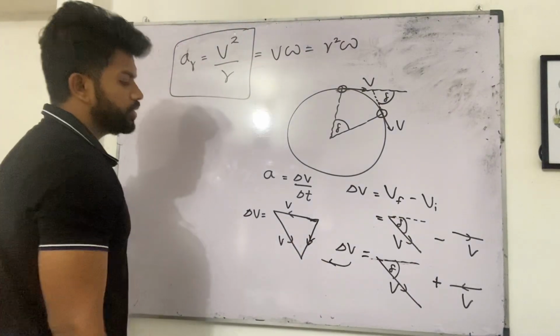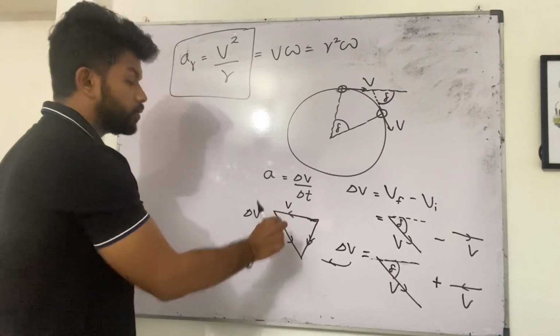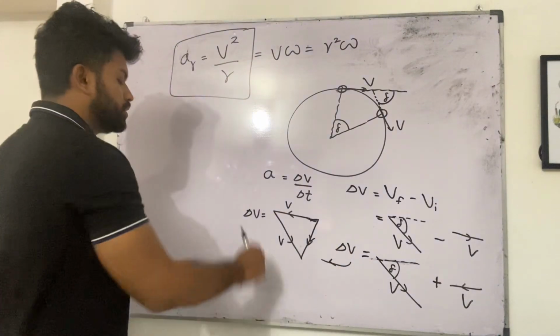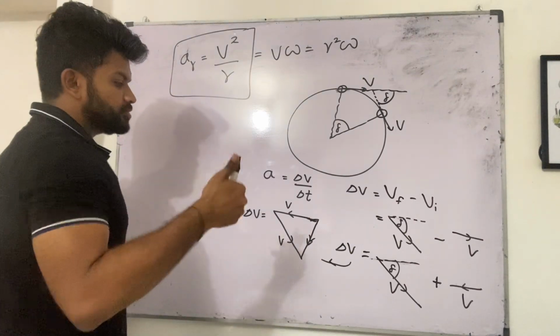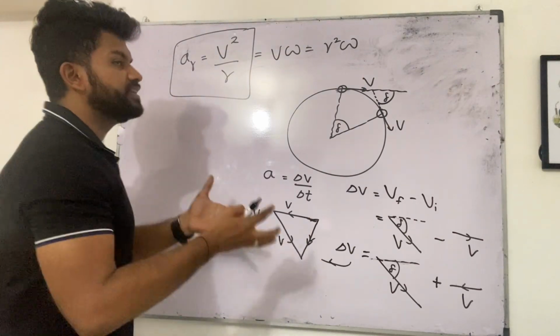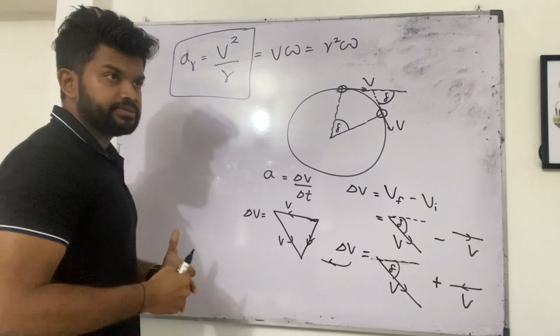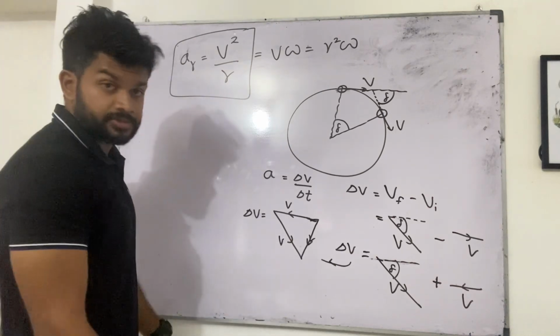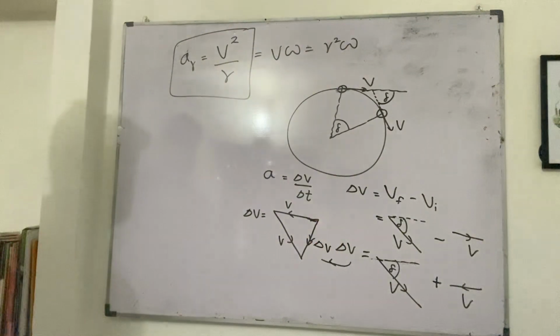If you have no idea about it, you can watch one of my previous videos, or later on I'm going to upload another video related to vectors. I'm going to explain how these vectors work, or how we can deal with vectors. So no worries, you can learn later on if you want. So this is my delta v now. Okay, interesting. That is my delta v.